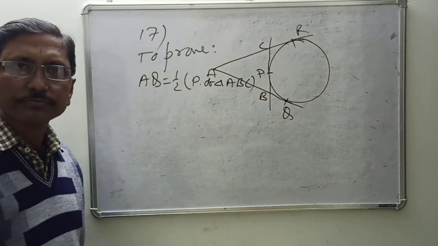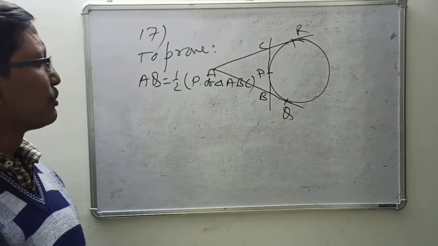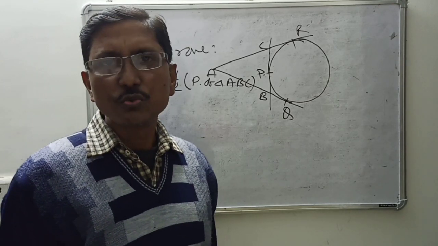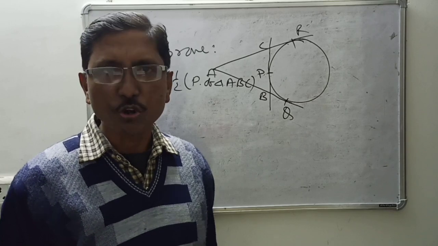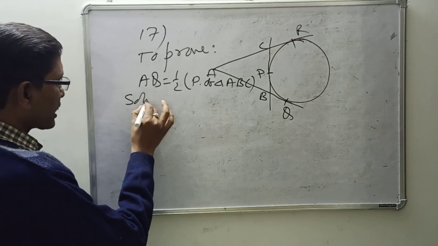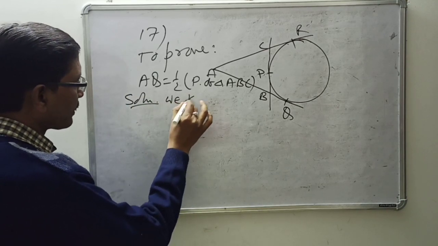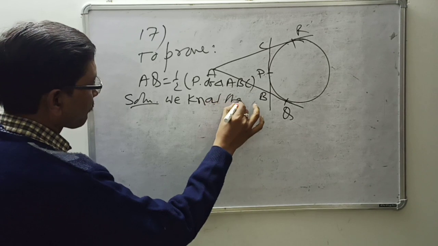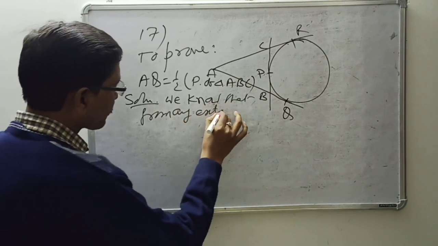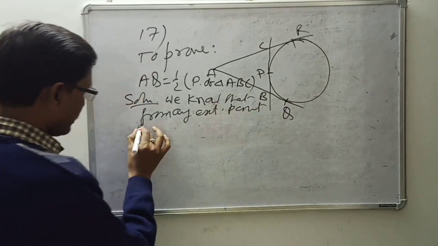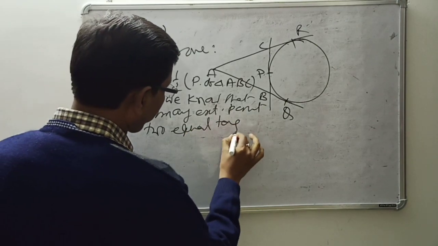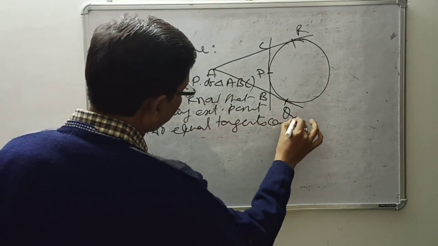That is to be proved. So first of all, the most important result we got, from any external point, two equal tangents can be drawn. That property is to be used. So you can write, we know that from any external point, two equal tangents can be drawn.